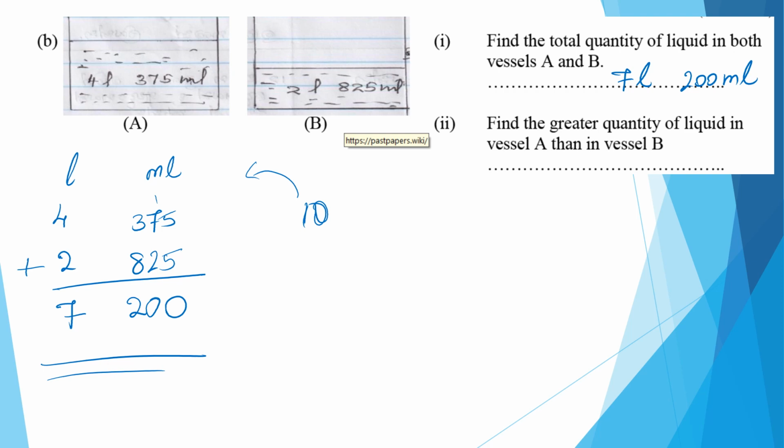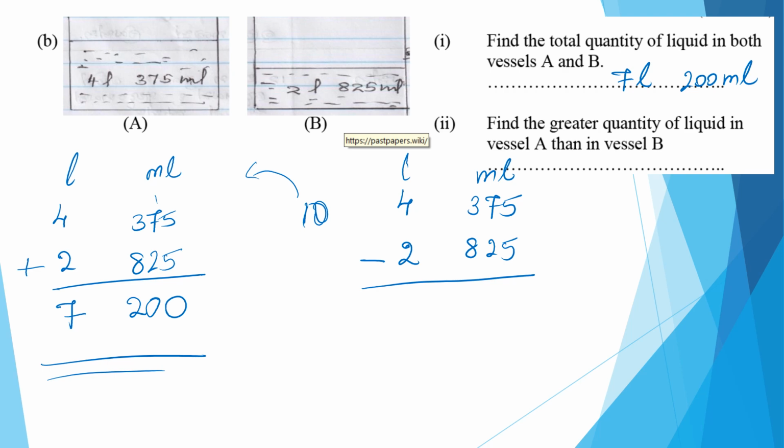Let's go ahead. Find the greater quantity of liquid in vessel A than in vessel B. That means they are asking for the difference in this quantity, so to find the difference we have to do the subtraction. We'll write liters and milliliters separately: 4 liters 375 milliliters, and this is 2 liters 825 milliliters.